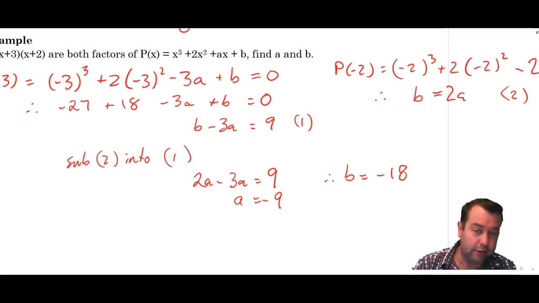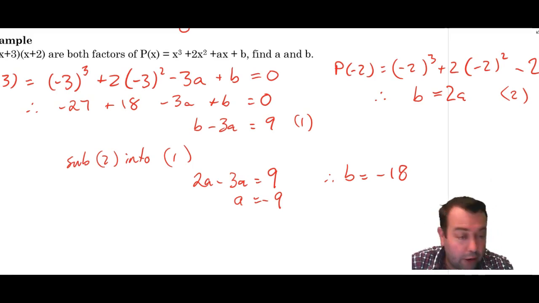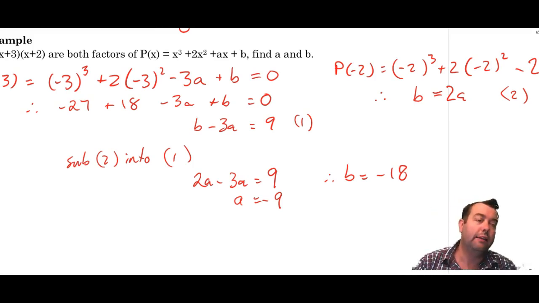Factor theorem extends on that and says that if my remainder is 0, then that number that I substituted in is a 0 of the equation, or x minus a is a factor of the polynomial.